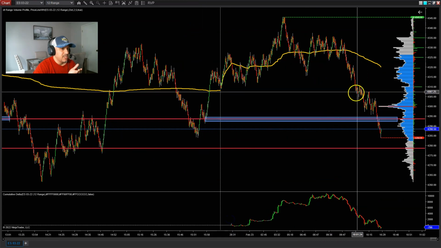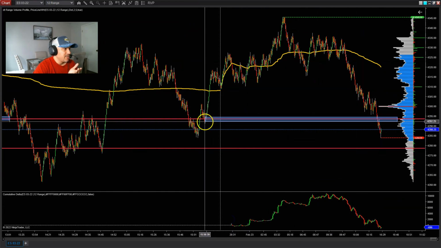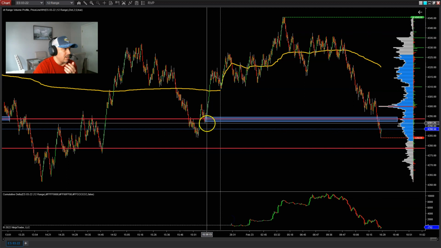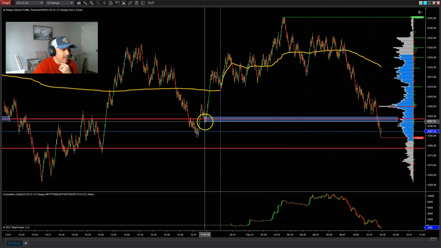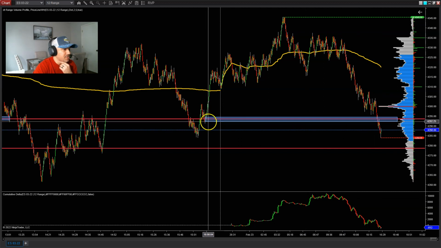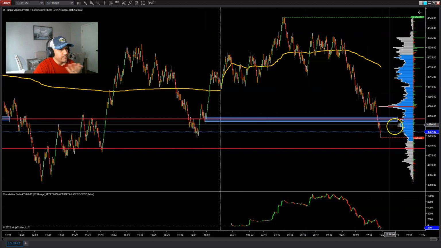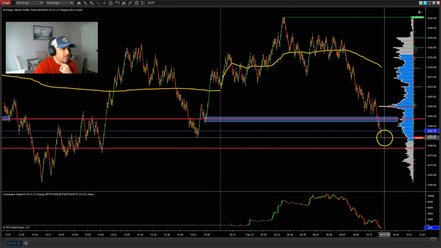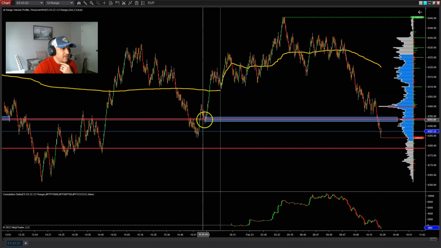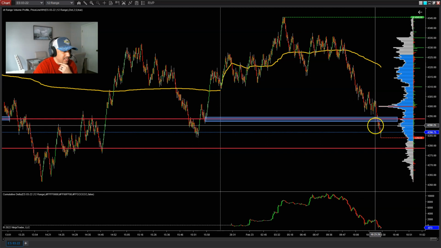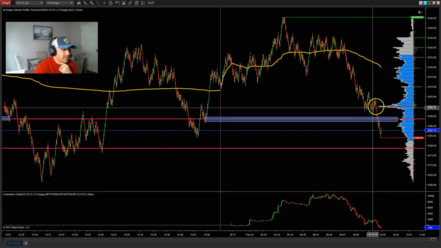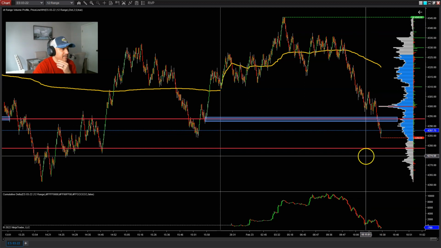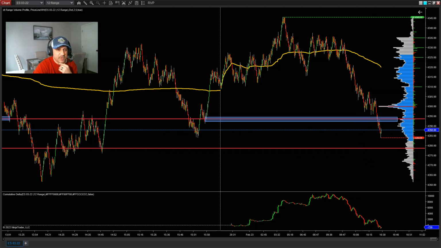Price pulls back to this area of structure, which is resistance, and the market turned back around and pushed lower. If this area of structure wasn't right here and the market blasted to the downside and price bounced right here, almost for sure it would probably come back up to this area. But you've got to be careful of every little area of structure.